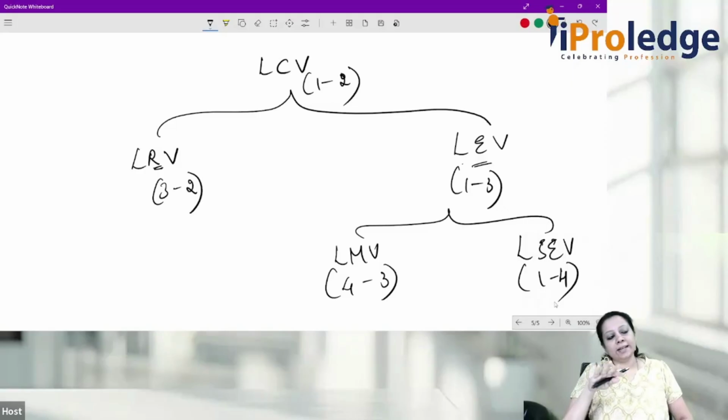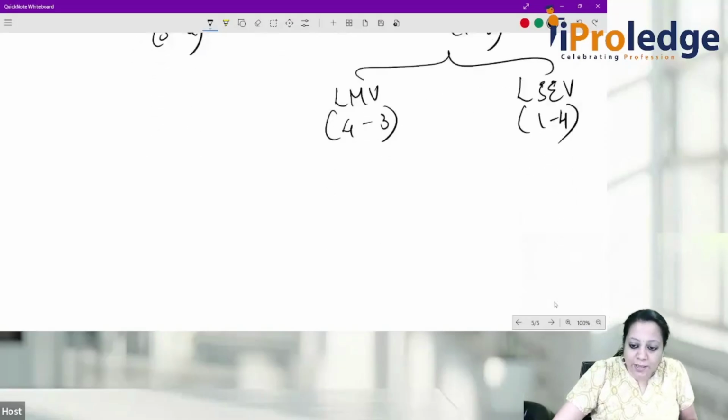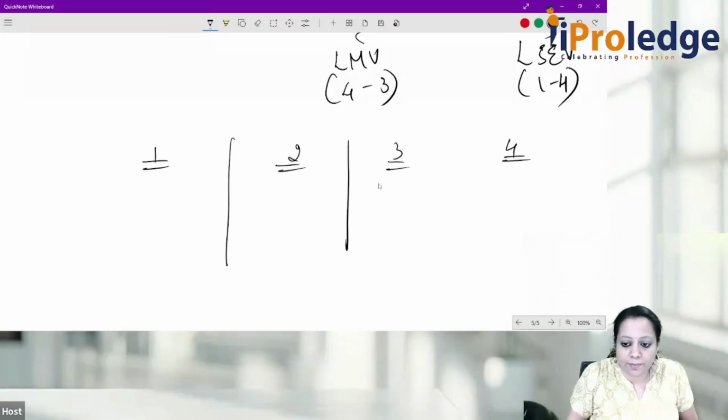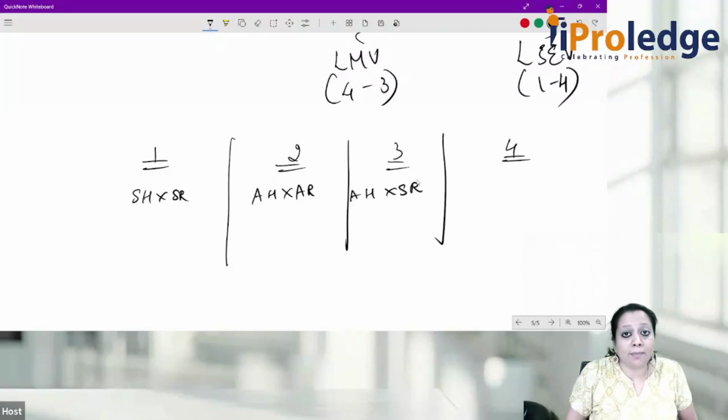Labor mix variance means I've used a skilled laborer for unskilled purpose. Sometimes it is possible, no? Like that, is the mix correct or inefficient, that is the purpose. So let us check 1, 2, 3, 4. 1 is SH into SR, 2 is AH into AR, 3 is AH into SR. You can see the same concept.